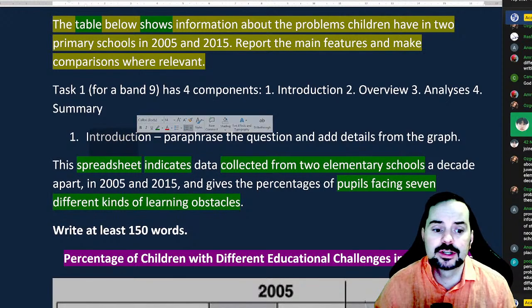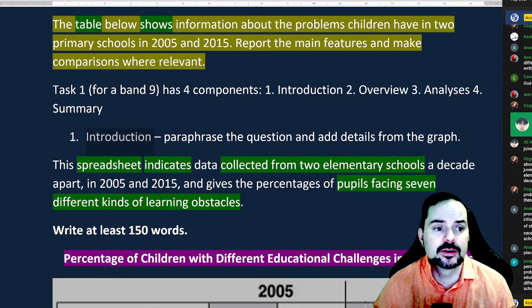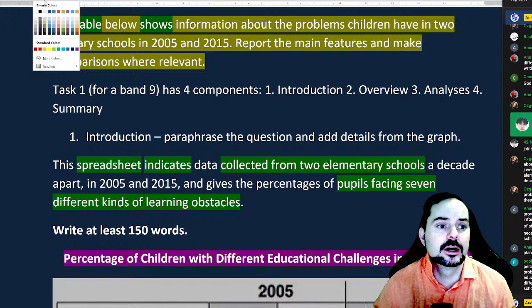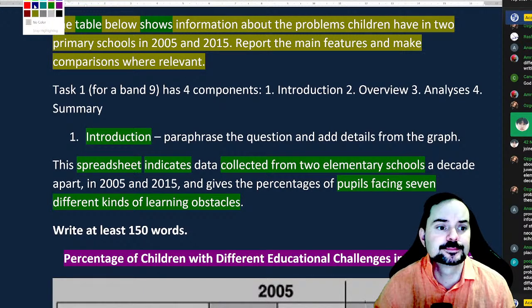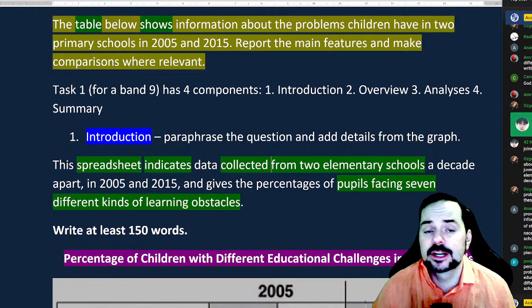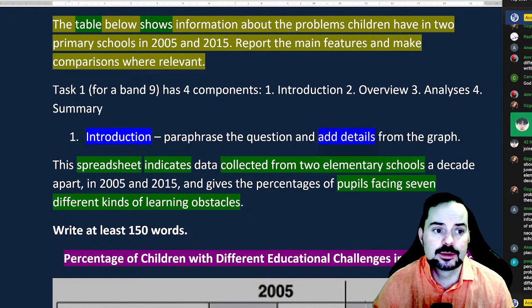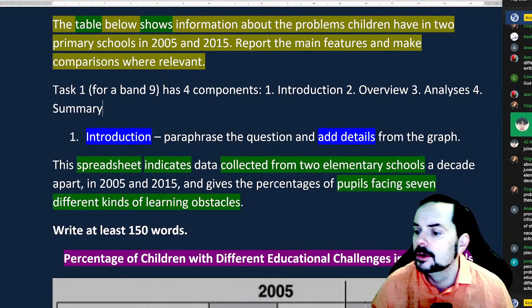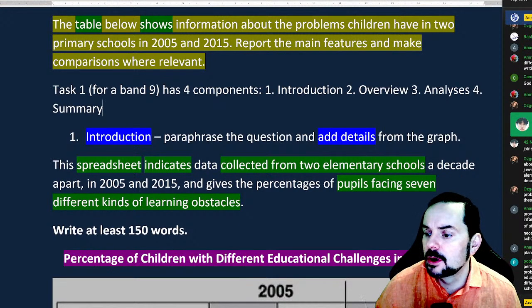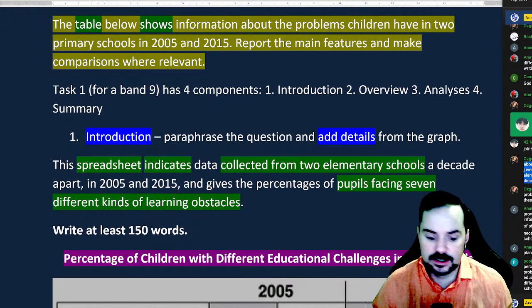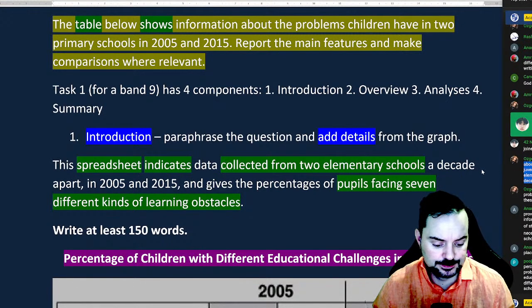So that's the introduction, okay? The introductory paragraph, again, is a paraphrase of the question with details. So make sure to add details, super important, okay? All right, Oz, let's see what you have here, my good friend.